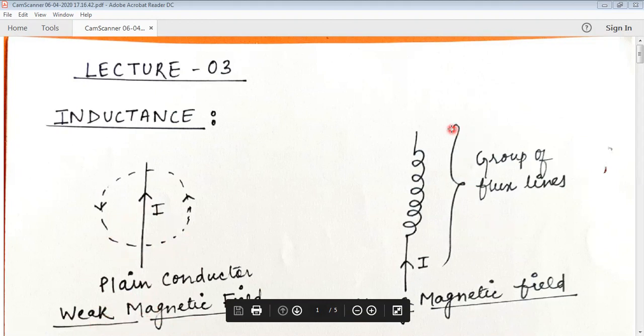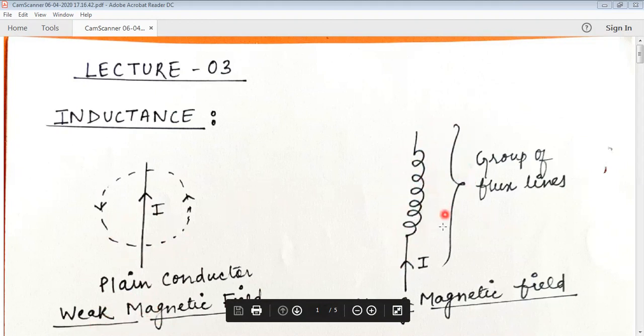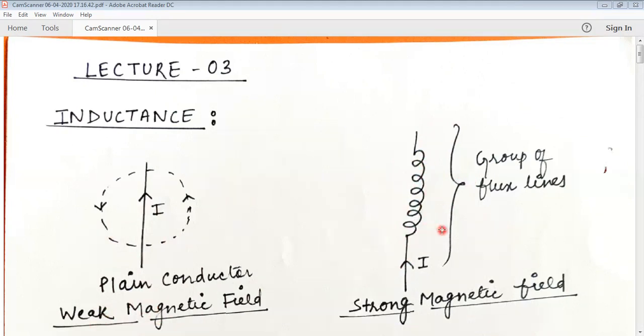Next, when instead of a plain conductor you take a coil, a group of turns, and current flows through the coil, a magnetic field will be produced, and because of that magnetic field there will be flux.